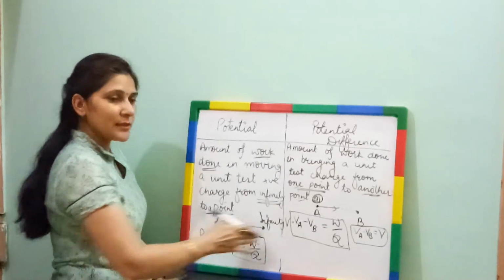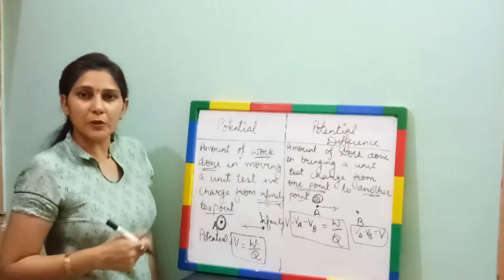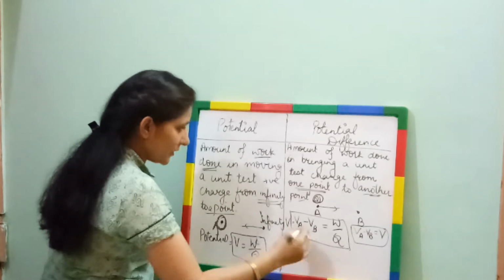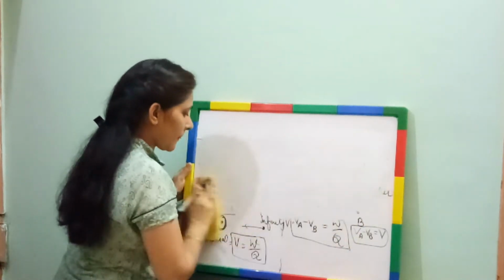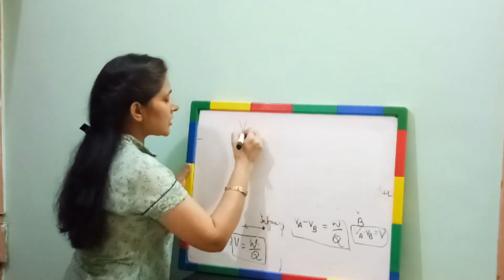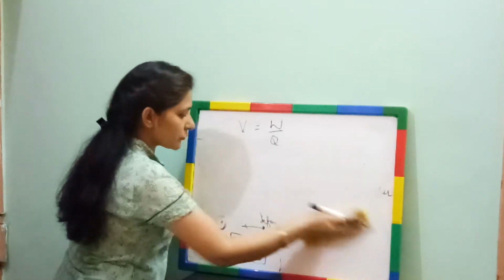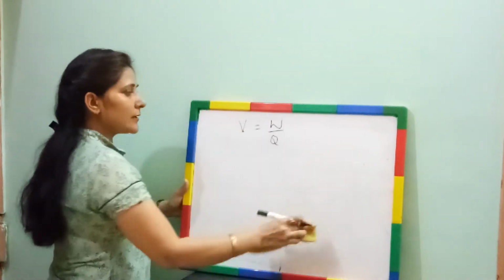This is potential difference. Now coming on to the SI unit of this potential and potential difference. What will be the SI unit? The formula is potential is equal to work done per unit charge. Or for potential difference we can say VA minus VB is equal to W upon Q. Similar things will be there.